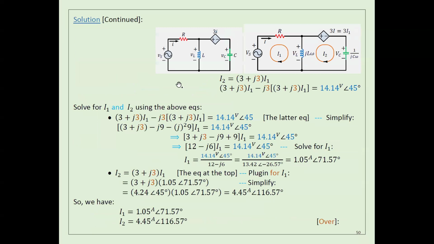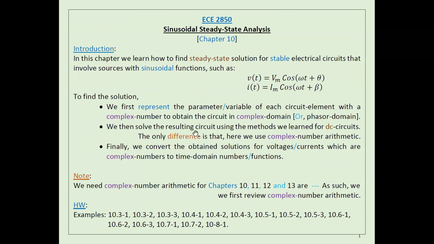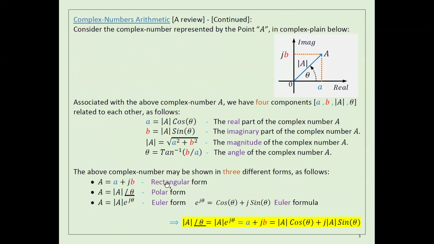Let me go to the very beginning here. Look here. This is rectangular form. Whatever you have here, I'm going to call it A, and whatever you have here, I'm going to call it B. In order to calculate the magnitude, it is the square root of a squared plus b squared.